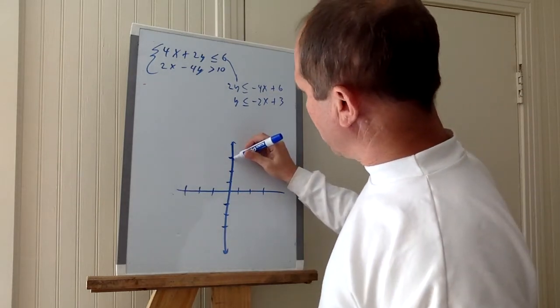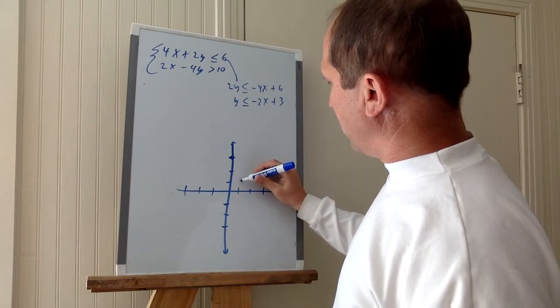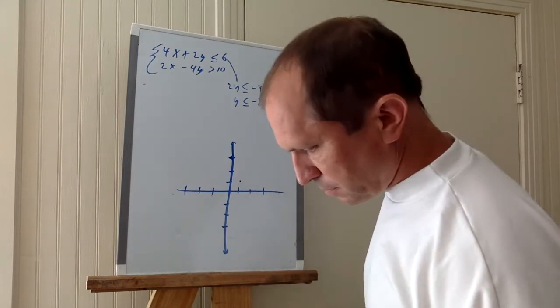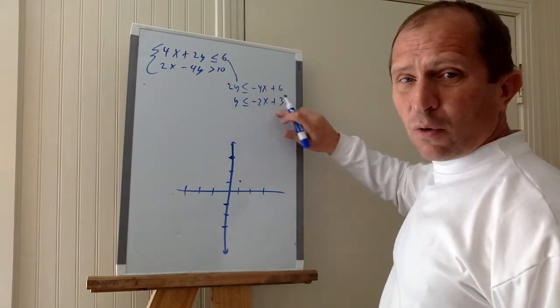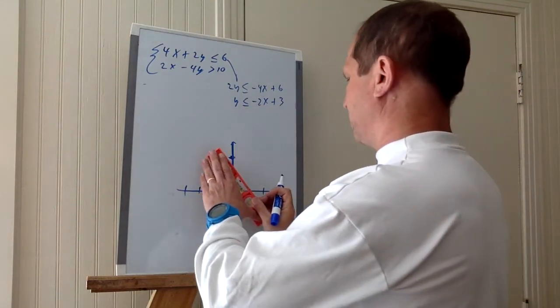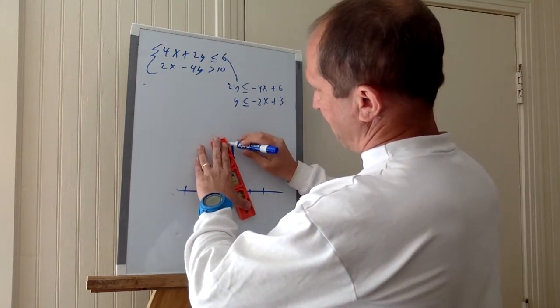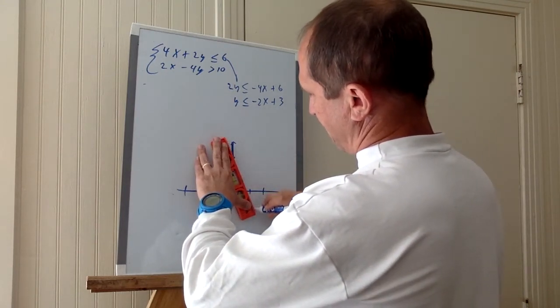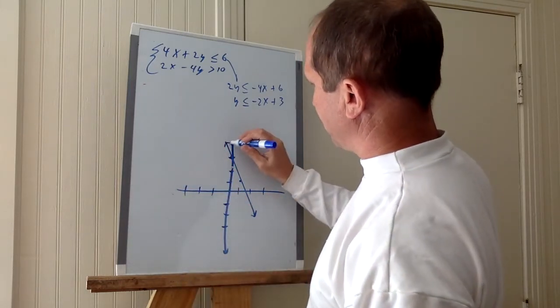So I go up to 3, and I go down 2 and right 1. And now I'm going to draw the line through it. Because it's an or equals, it's a solid line. And that's what I get.